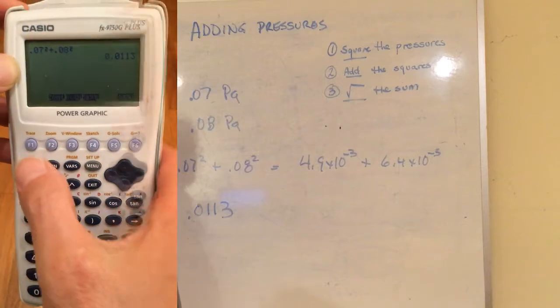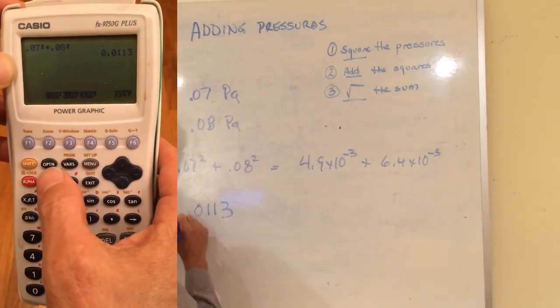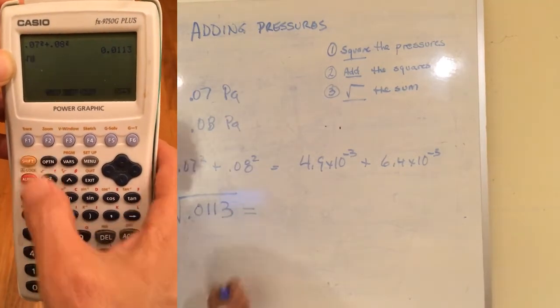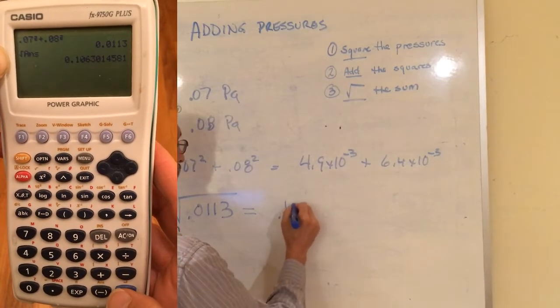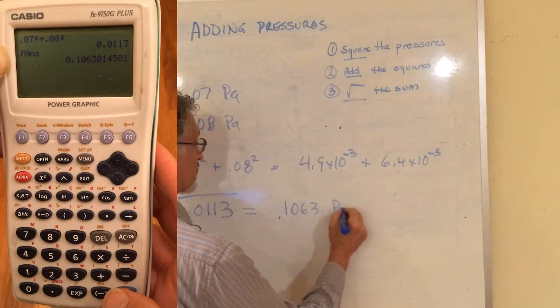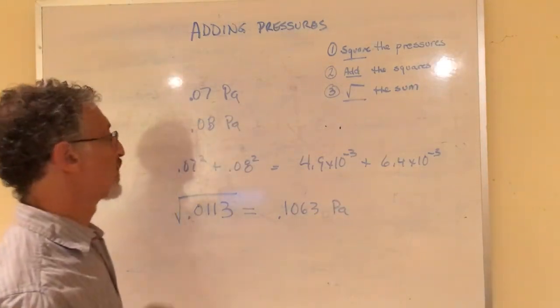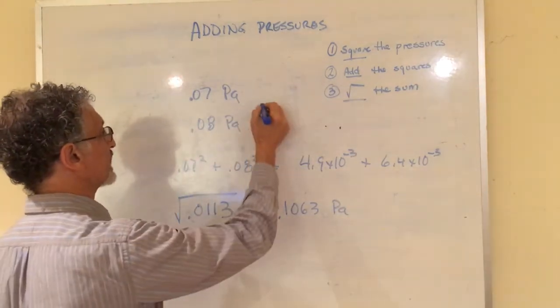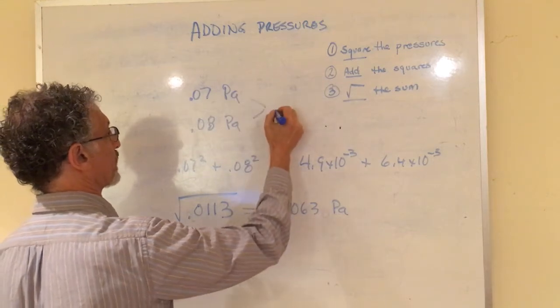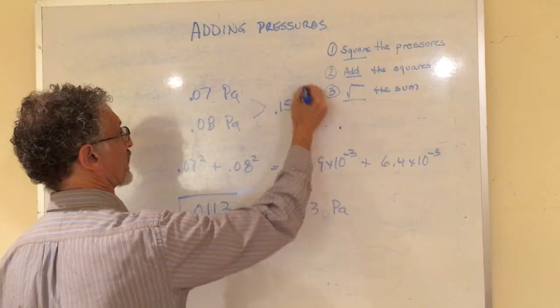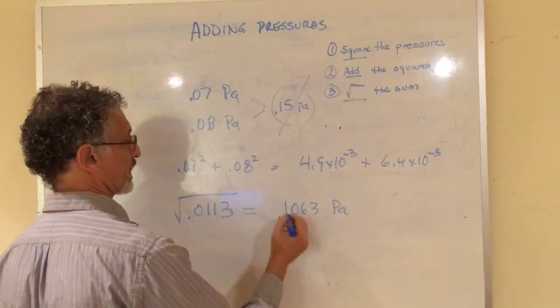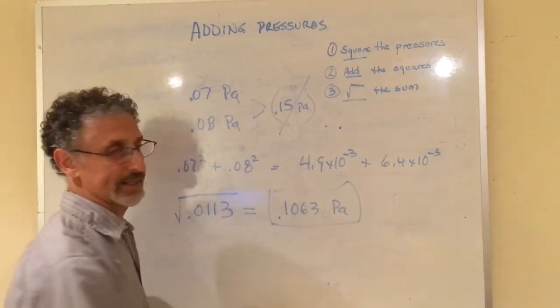Now we have to take the square root of that. So we take the square root, plug that into a calculator, and you get 0.1063 pascals. Please notice that if we added these together, we would get 0.15 pascals, but that is incorrect. This is the correct answer.